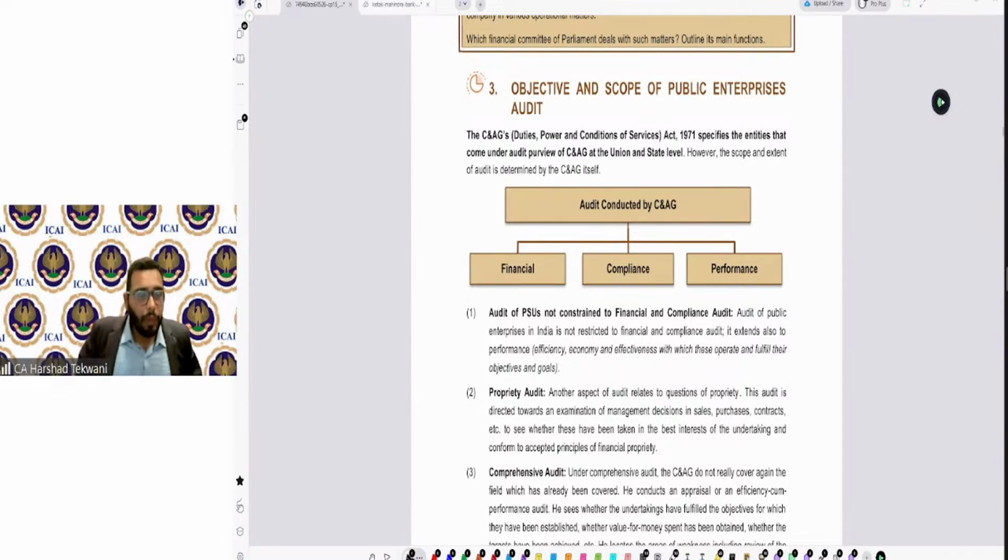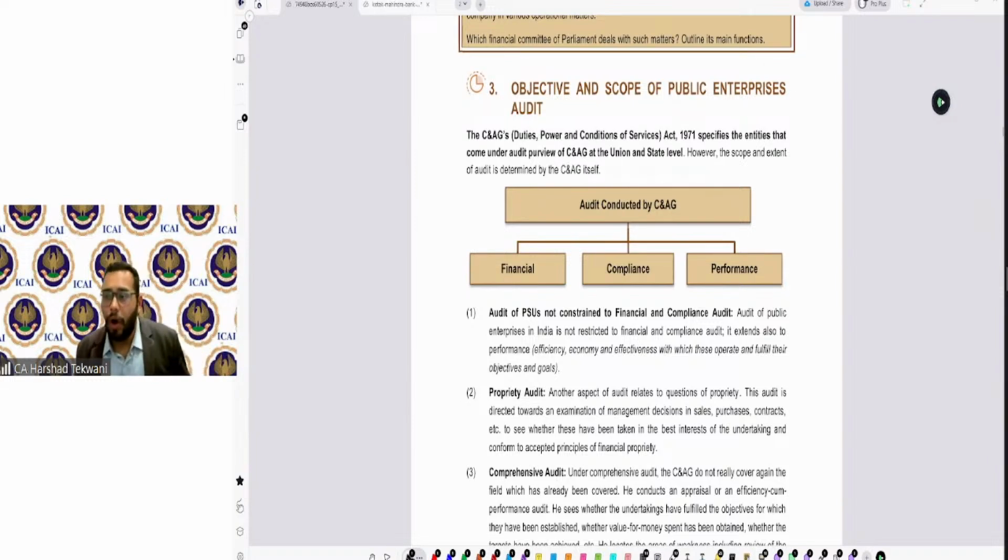Now, see, here the audit is conducted by the CAG, but the CAG office cannot get involved in each and every audit fully. That's why they appoint you to conduct it on their behalf. So the CAG will appoint you and you will conduct the audit on behalf of the CAG.